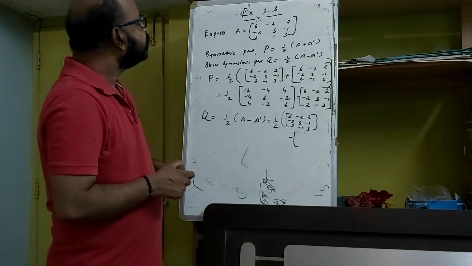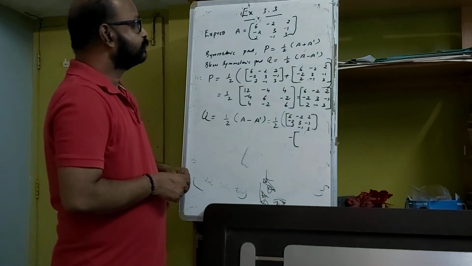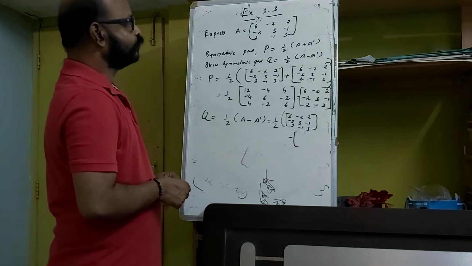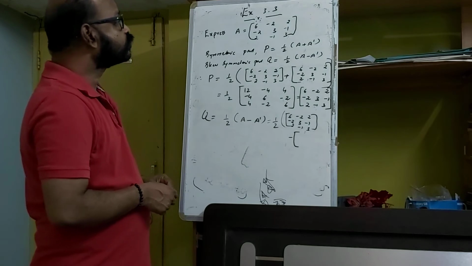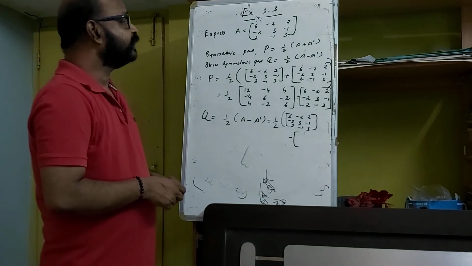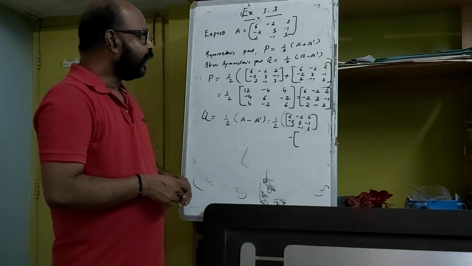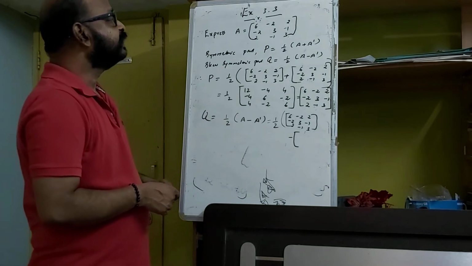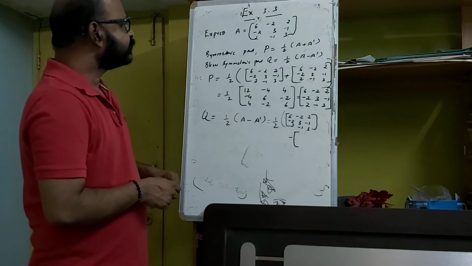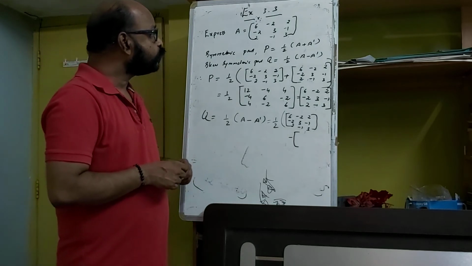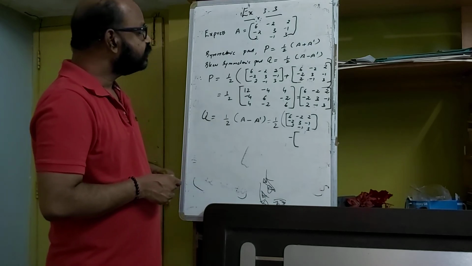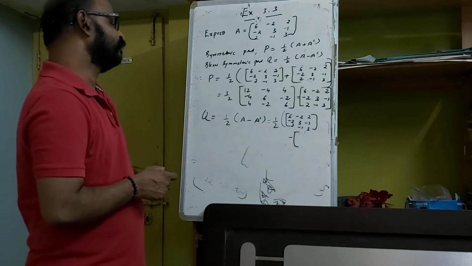Actually, here the speciality of the given matrix is, see, the first row is 6 minus 2, 2. The first column is also 6 minus 2, 2. The meaning is actually A transpose and A are equal, and so the matrix A is symmetric. But anyhow, we are just concentrating on how to express matrix A as the sum of a symmetric and a skew symmetric matrix.